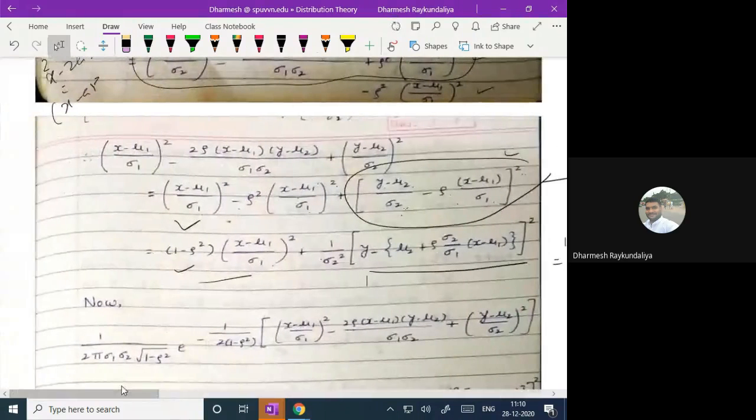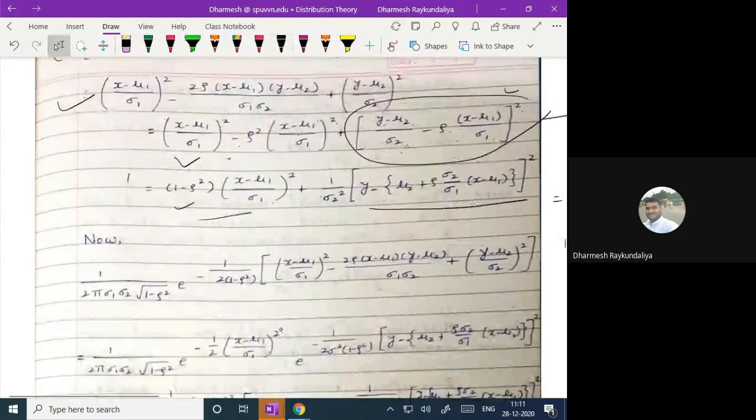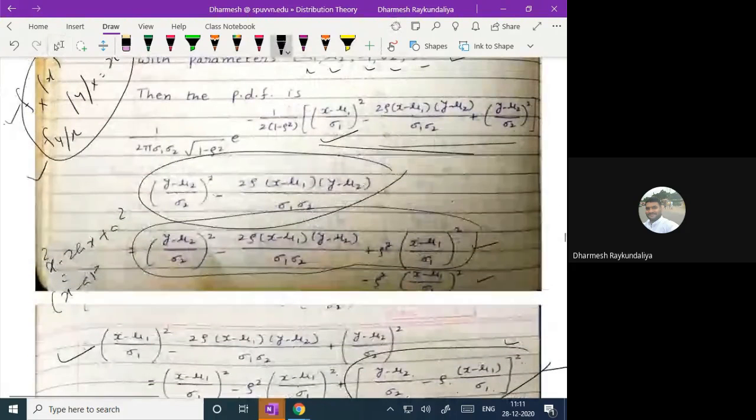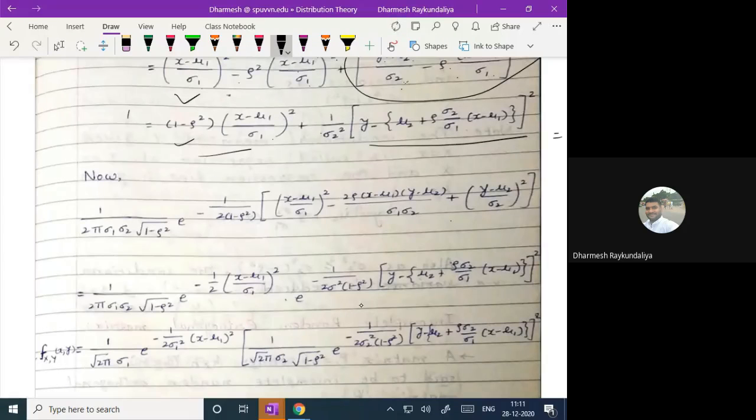So now this is nothing but this quantity, which is in the power of e raised to minus. So this is nothing but e raised to minus 2 into 1 minus rho square, and this quantity as it is I am writing here. Okay, so what will you get? It is 1 upon 2 pi sigma 1 sigma 2 root 1 minus rho square e raised to minus 2. This quantity here I am writing (x minus mu1 upon sigma 1) square.